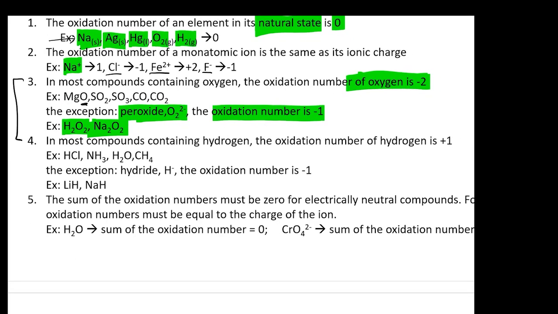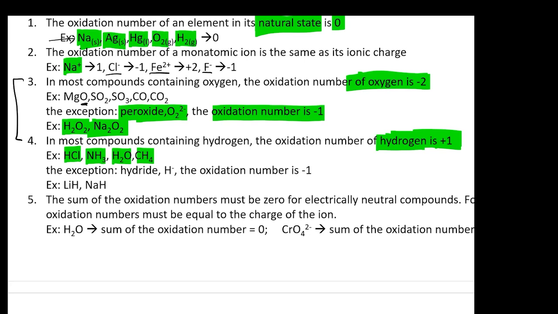Rule number 4: if you see a hydrogen inside a chemical formula, then the hydrogen will always carry +1. For example, HCl, NH3, H2O, CH4: all the H inside those compounds carries a +1 charge.